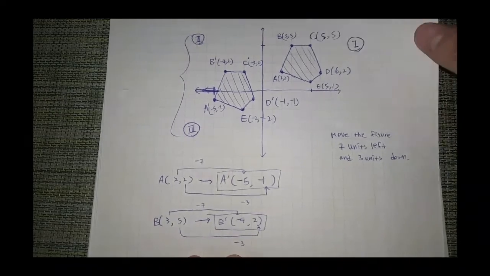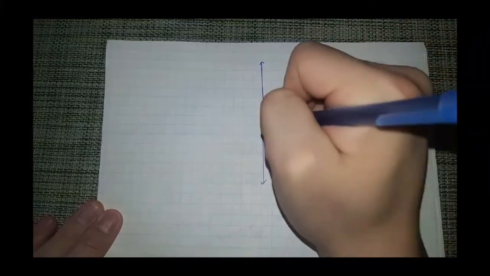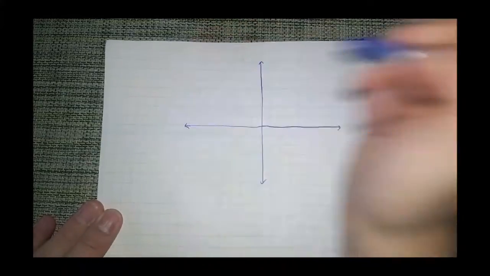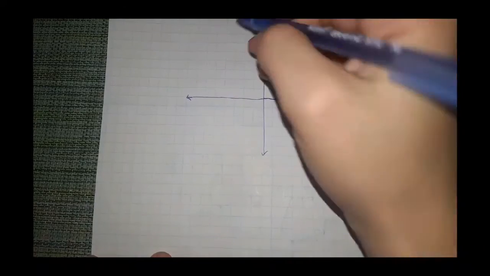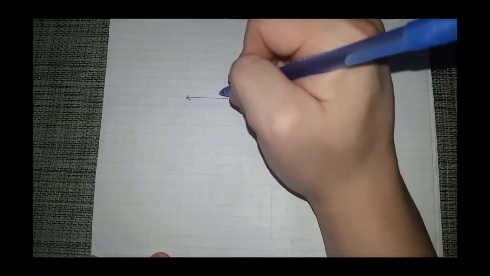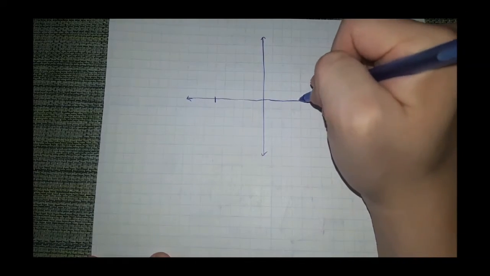All right, let's do one more. This time, let's say we have our figure on a grid, 1, 2, 3, 4, 5 in each direction.